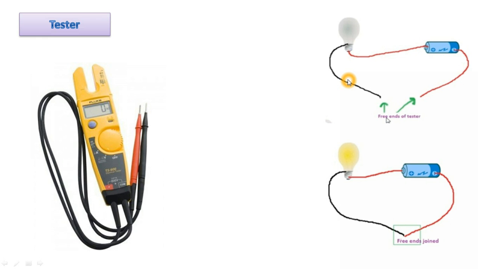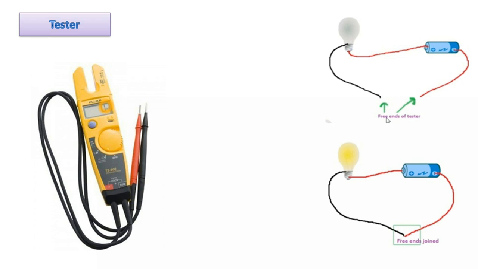Whenever you join the two ends, the circuit will get complete and the bulb will glow. If the bulb glows, that means the tester is working. In a similar way, you can test the tester which is present in your laboratory. Just join the two ends of the tester and you will see that some reading should be shown here. That is, some current should flow through the internal circuit. That is how we can check if the tester is working fine or not.